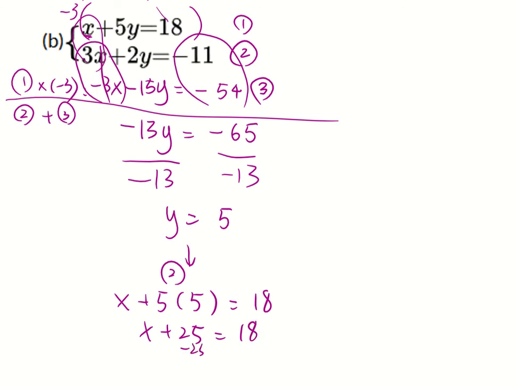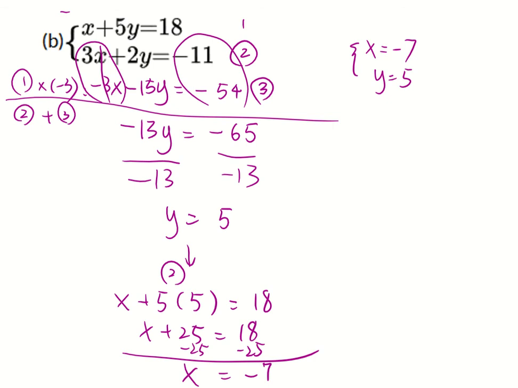Subtract 25 on both sides. I'll get x equals negative 7. Okay, so the solution is x equals negative 7, y equals 5.